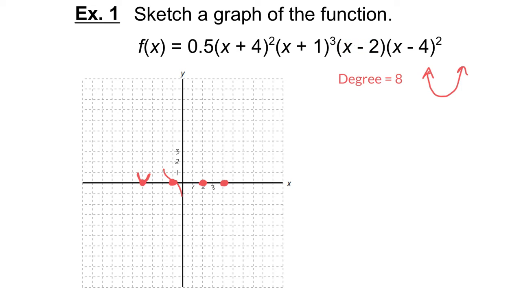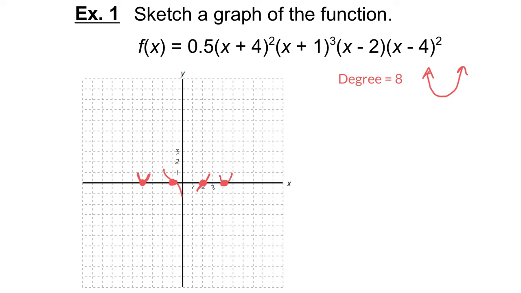X minus 2, so at this x-intercept, the exponent is 1. It's going to go straight through from one side to the other, no twists. And my last one, x minus 4 with an exponent of 2, that means we're going to enter and exit from the same side.